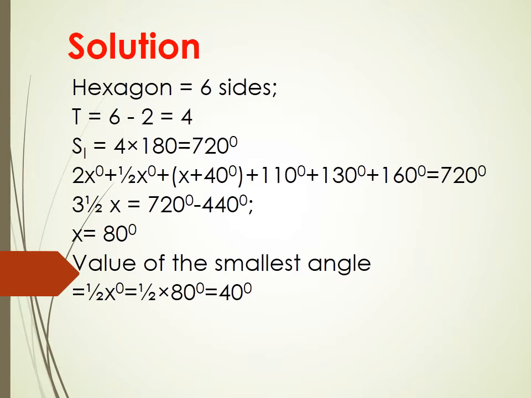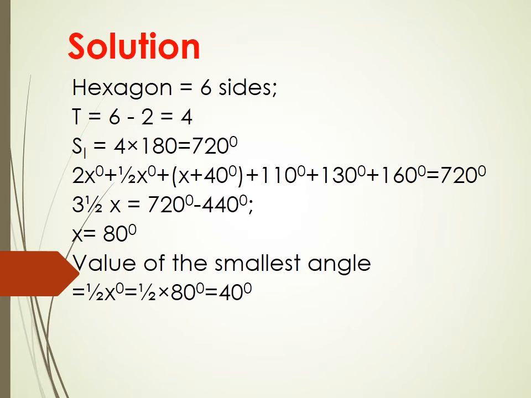The number of triangles is 6 minus 2, and that gives us 4. The sum of the interior angles is 4 multiplied by 180, and that gives us 720 degrees. 2x plus a half x plus x plus 40 plus 110 plus 130 plus 160 gives us 720 degrees.